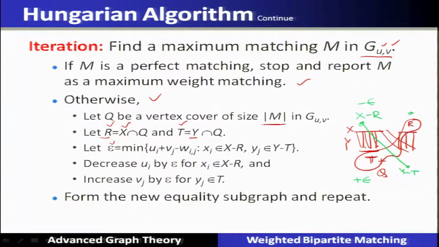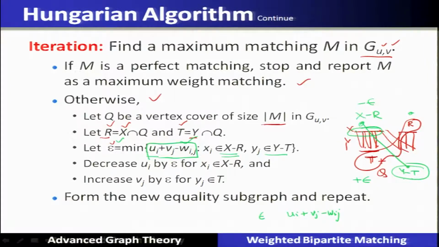So, epsilon will be ascertained with Ui plus Vj minus Wij for these values, that is for X minus R these elements and for Y minus T these elements, and we will find out the gap, that is Ui plus Vj minus Wij.